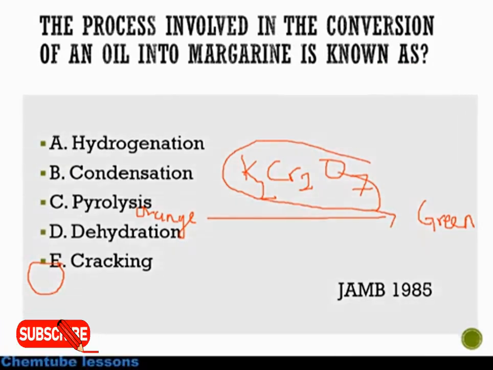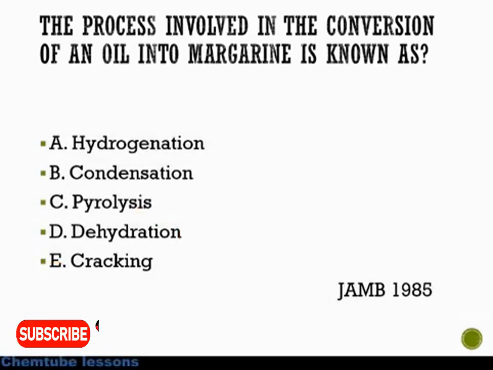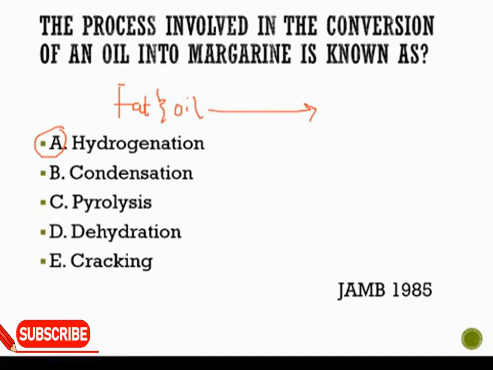The process involved in the conversion of an oil into margarine is known as hydrogenation. Hydrogenation reaction is, for example, you have fats and oil, and then you heat this using nickel catalyst and hydrogen.